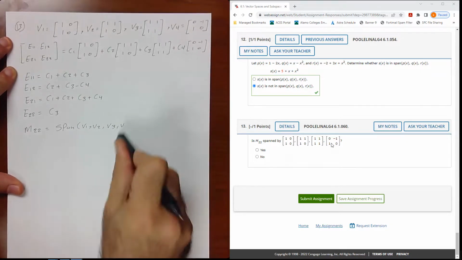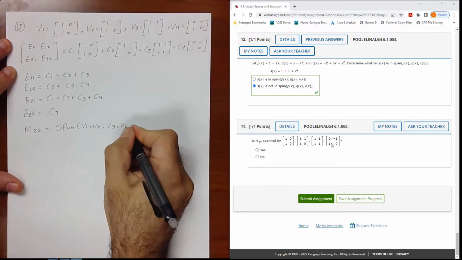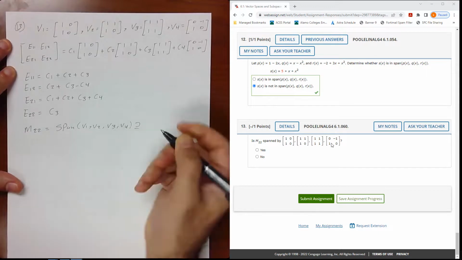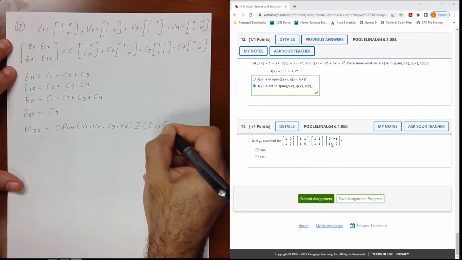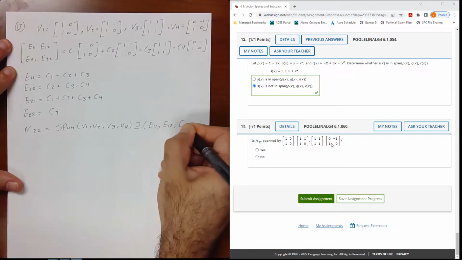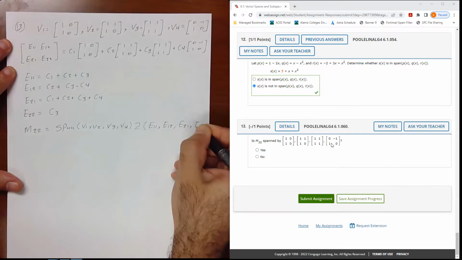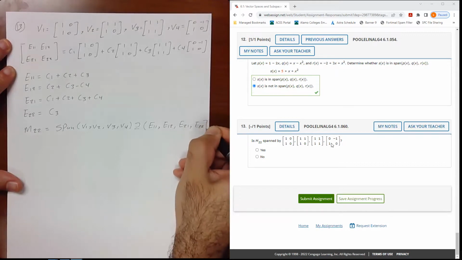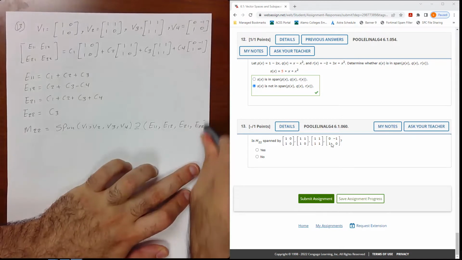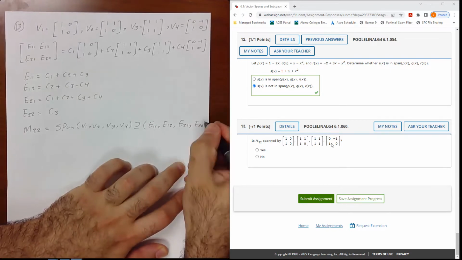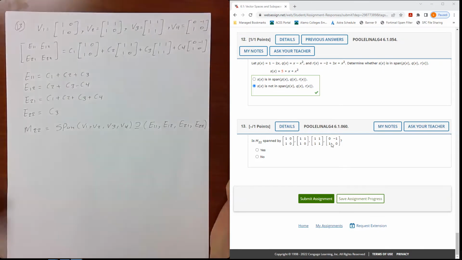Because it's a subset of the matrices with entries E11, E12, E21, and E22. That's it for this example. So it's just a proof that this is a span. So you can say yes. That's it for example 13.